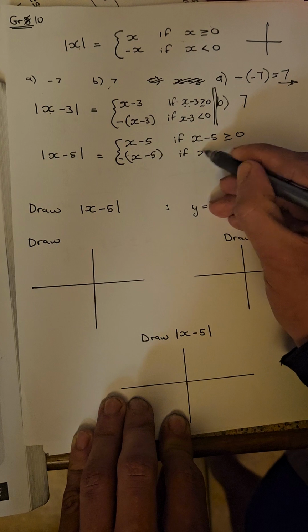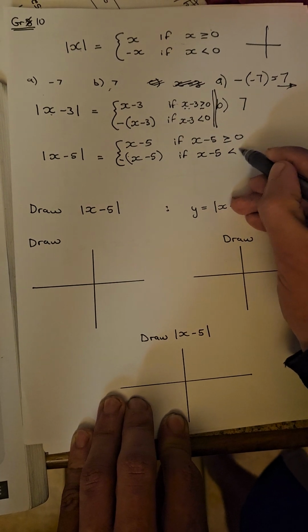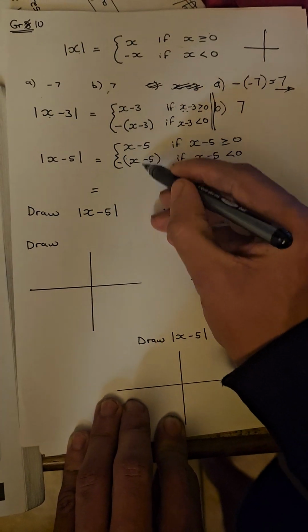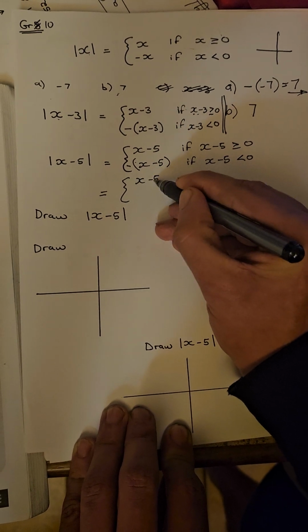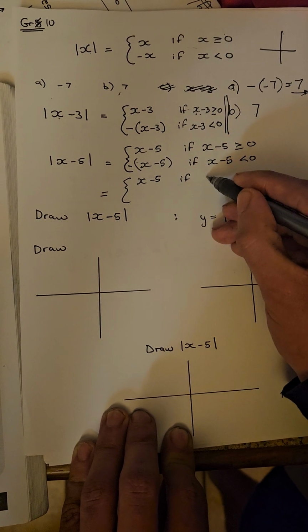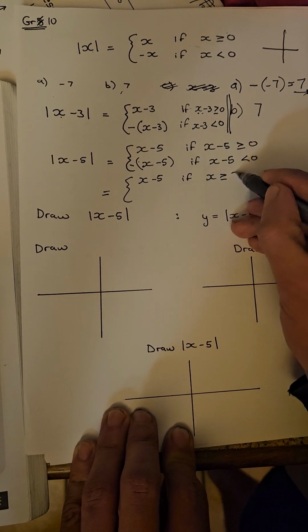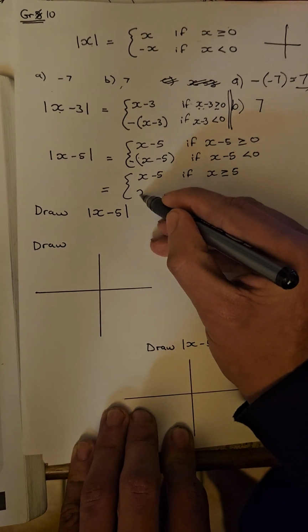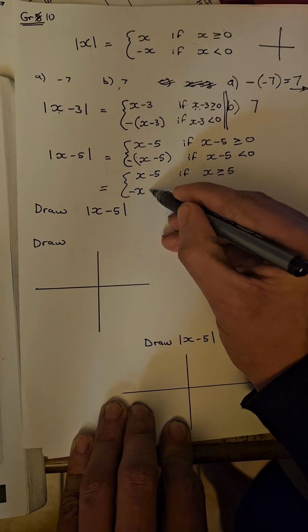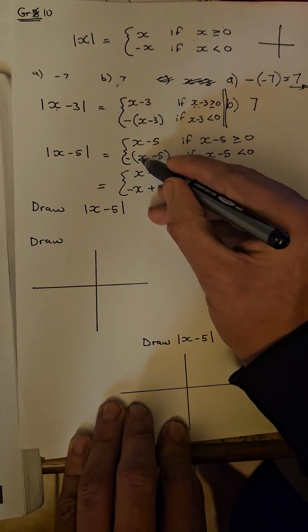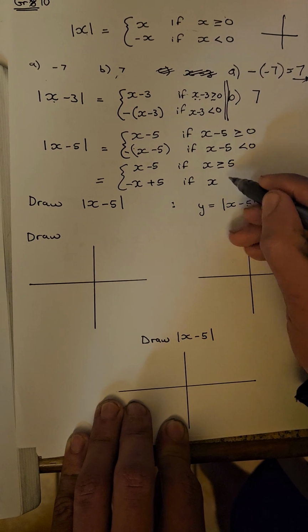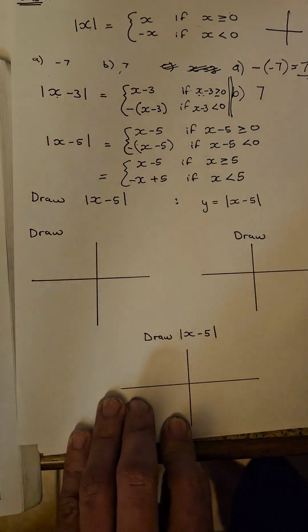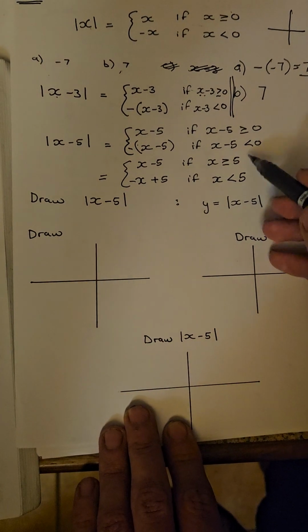So if I go and solve this properly, it would be x minus 5 if x is greater or equal to 5, and negative x plus 5 if I distribute the minus, if x is smaller than 5.